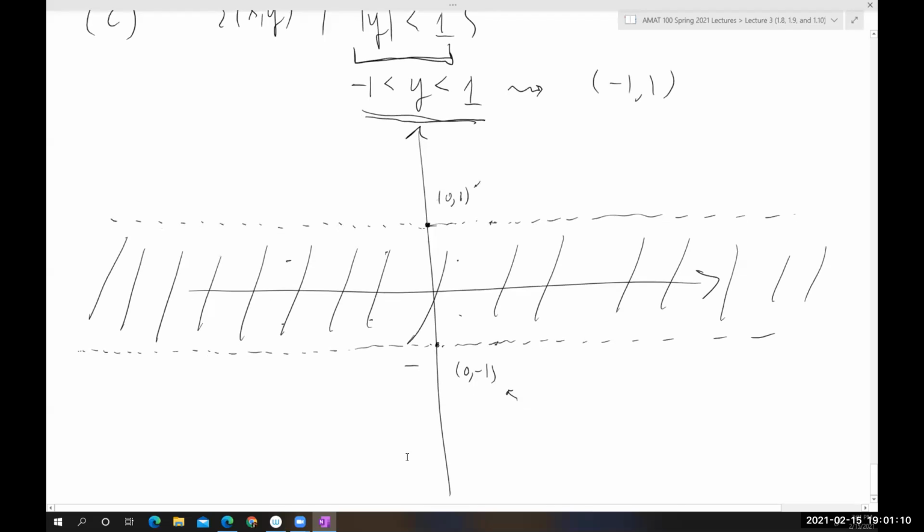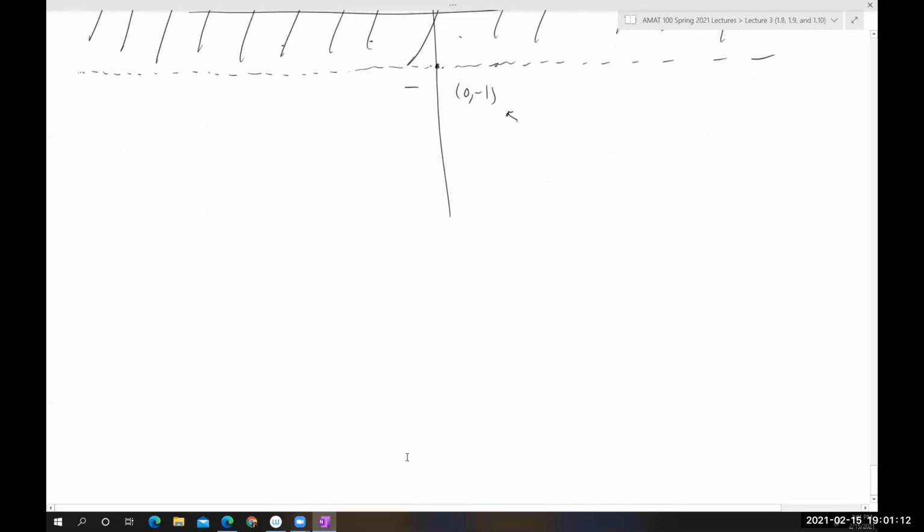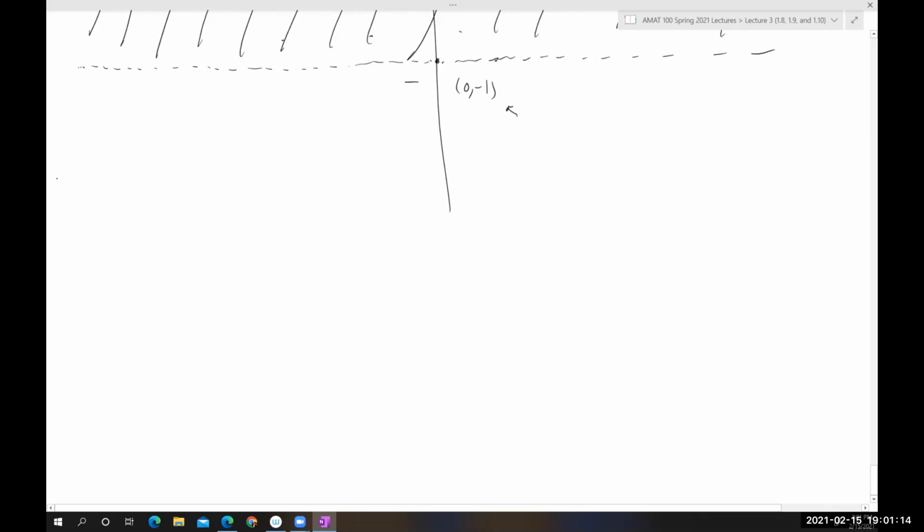So the next thing we're going to look at: in addition to being interested in various subsets of the real line or the coordinate plane, we want to also look at distances between sets, or maybe two sets, or maybe just 2 points. So we have to have a notion of distance. So let's look at that.